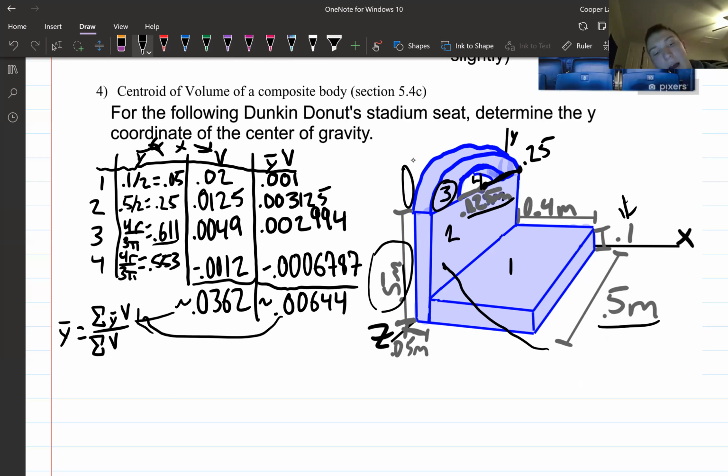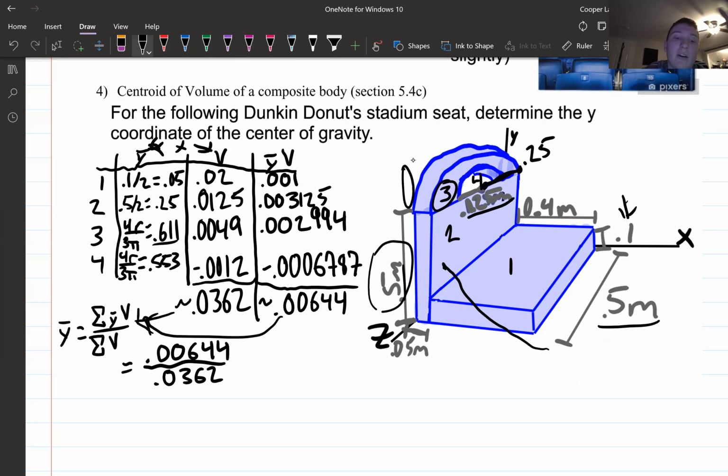Now I'm going to plug these two values into my equation, which then gives y bar equals 0.00644 divided by 0.0362. When I do this out, I'm actually going to use the actual values that I have in my calculator, not these approximations.